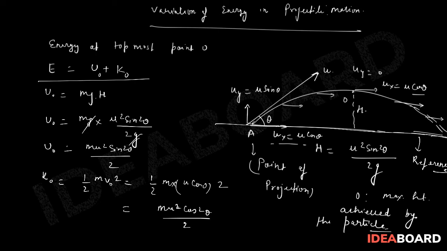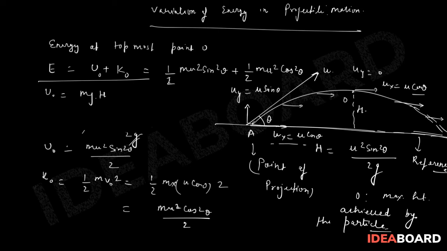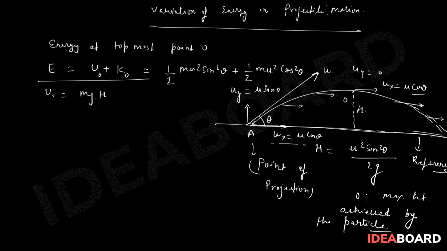Interestingly, we can calculate now E, which is half m u square sine square theta plus half m u square cos square theta, correct? So now we can remove these values which we earlier calculated.